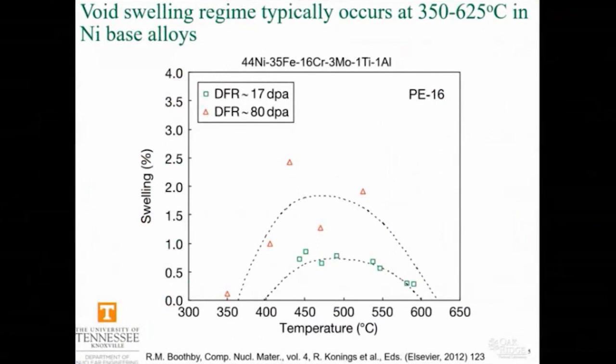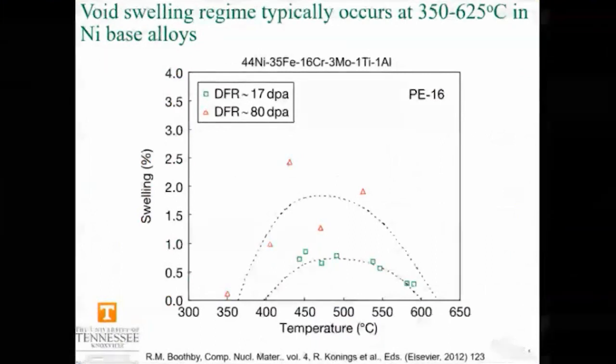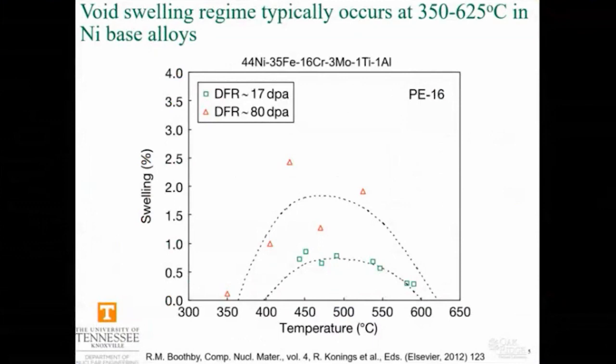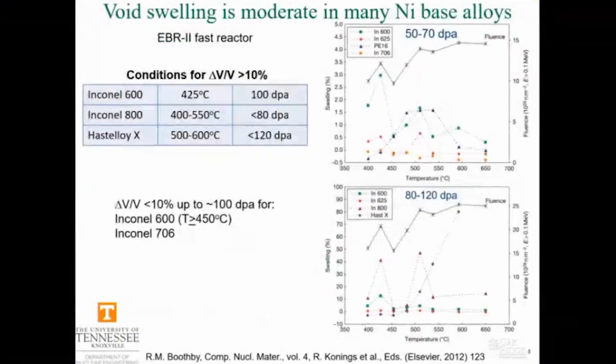So this is very easy to handle from an engineering perspective. And by 80 dPa, it's 2% or something. These are, again, very easy to handle from a mechanical engineering perspective. So we basically have solutions where we're not really worried about void swelling. This is another plot looking at a variety of other alloys.